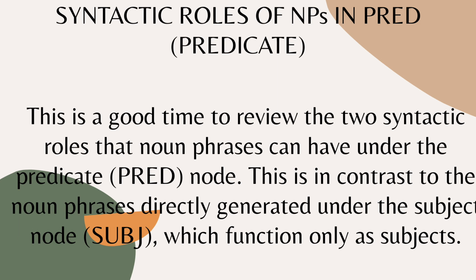This explains how NPs can function as different types of objects: direct object, indirect object, object of a preposition. Then, the two referred to here are subject and object.